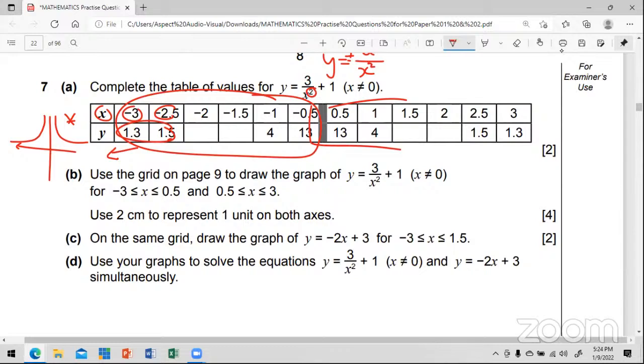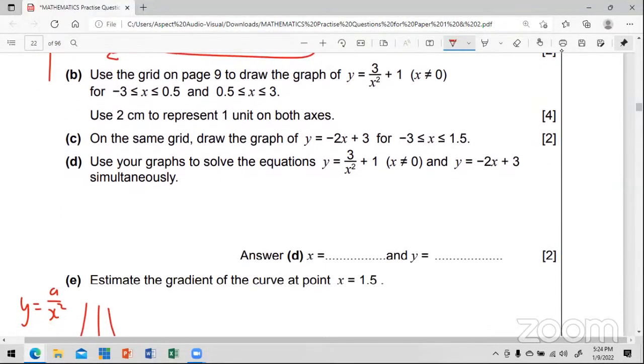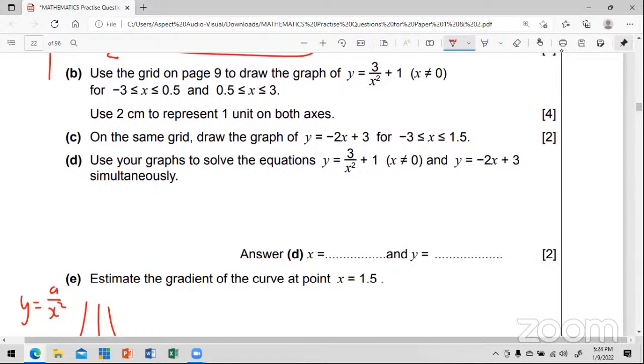Now, after you have plotted the graph, these are the questions that we are looking at. Now they tell you, take that graph where x is unequal to 0. We could put it like this, or we could just say x is strictly bigger than 0. They want you to plot for the x-axis between the number -3 and 0.5. Are we following?